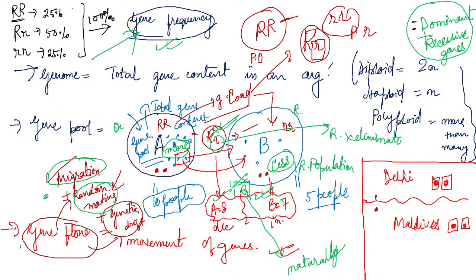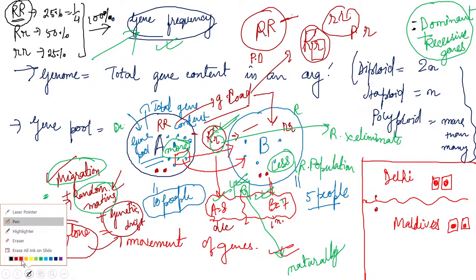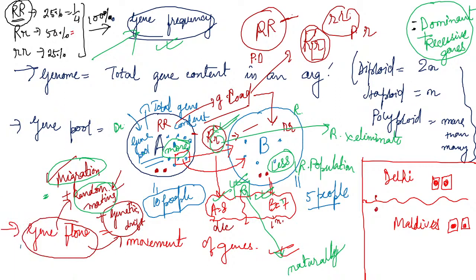So what gene frequency is the dominant holding? 25% by 100% equals 1/4. What gene frequency is capital R and small r holding? That is 50%, 50% by 100% equals 1/2 of the population.